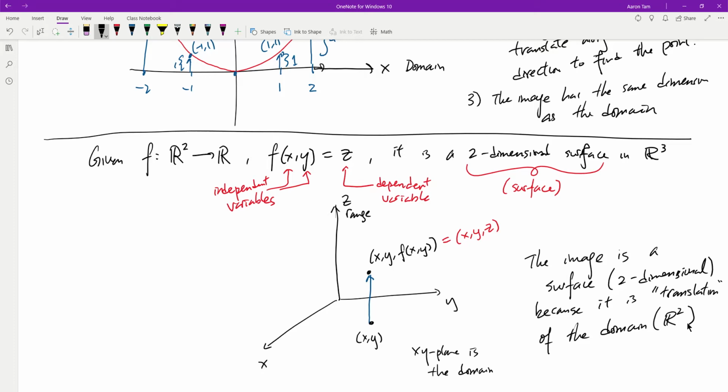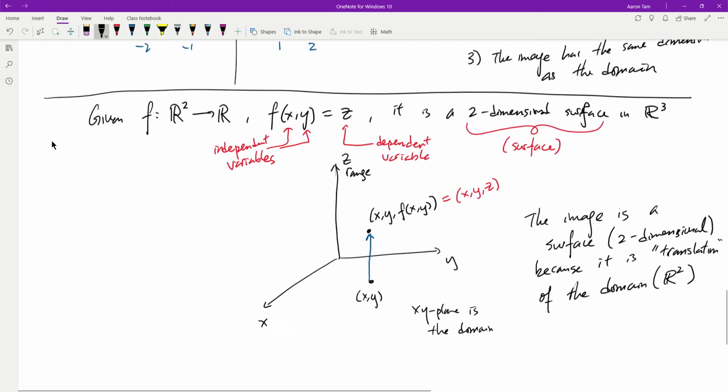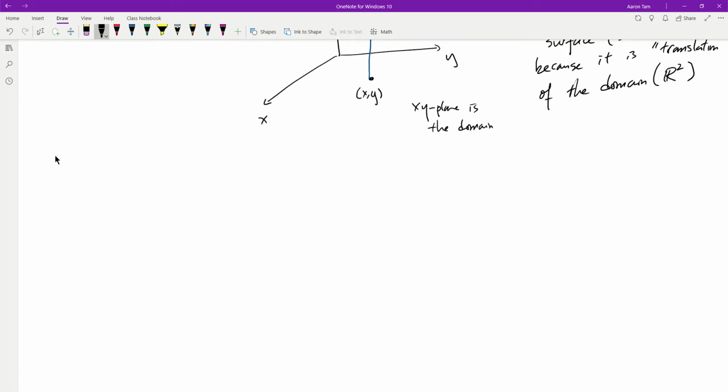Okay? Now, maybe I'll give you a more specific example to try to illustrate how this works. How about we try to evaluate a function and see?